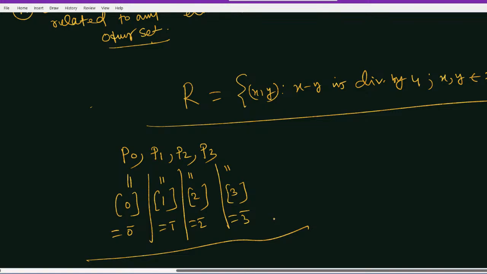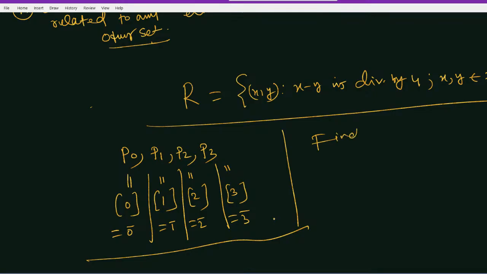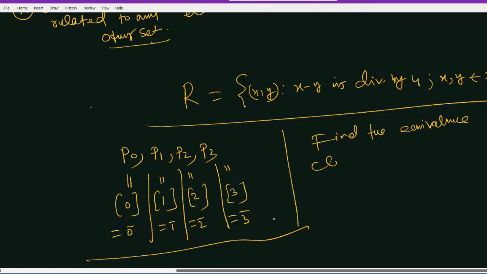You can try the same manner. They can ask you to prove that this is an equivalence relation and find. A question may arise this manner. Find the equivalence class containing 17. How do you answer that?